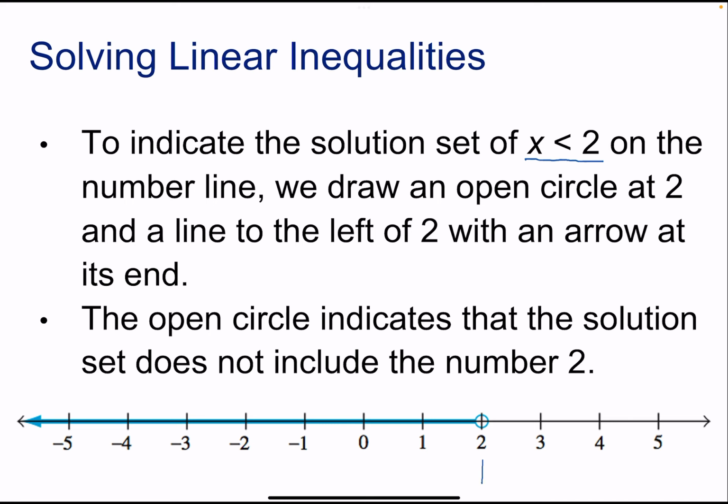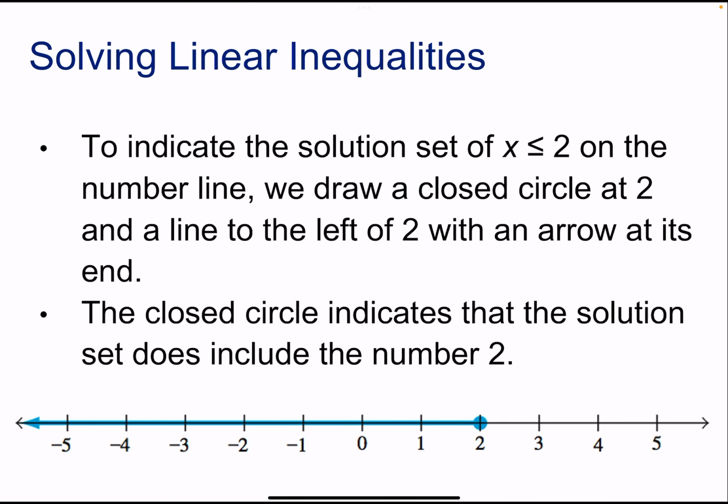To represent this solution set on the number line, first you identify 2, and because 2 is not included, you use a circle to indicate 2 is not included. Then you draw a blue arrow toward the left. The arrow indicates any number less than 2 is fine. So that's how you represent x less than 2 on the number line.